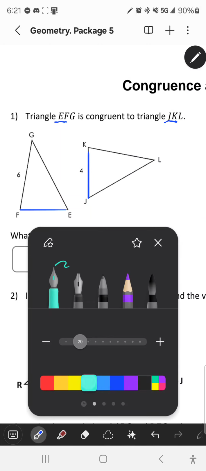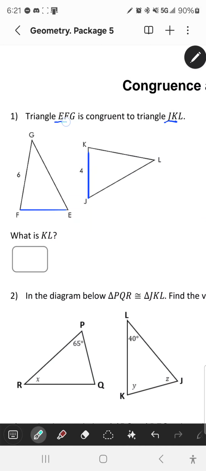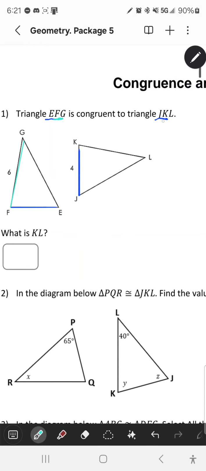I know that FG is going to be congruent to KL.